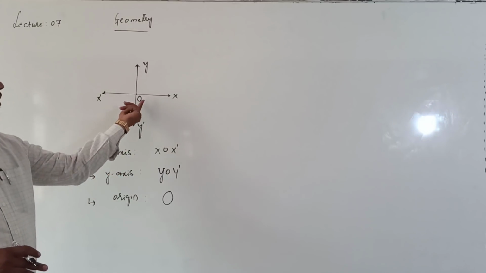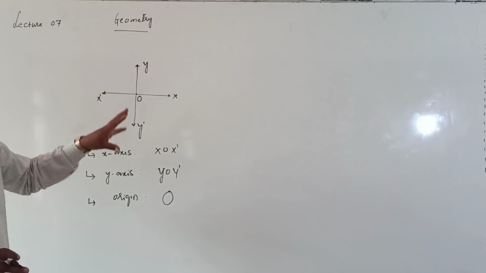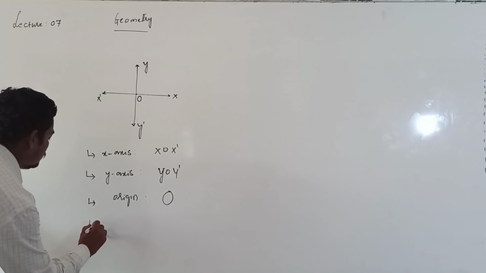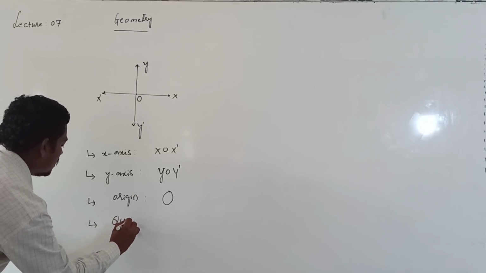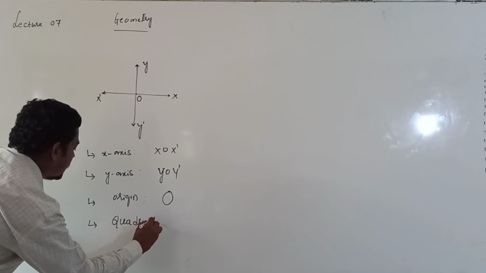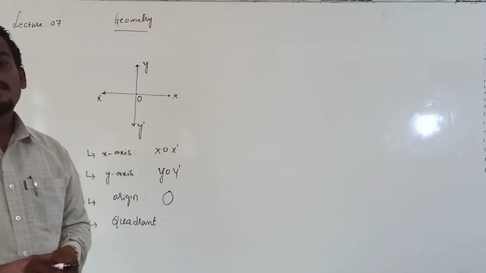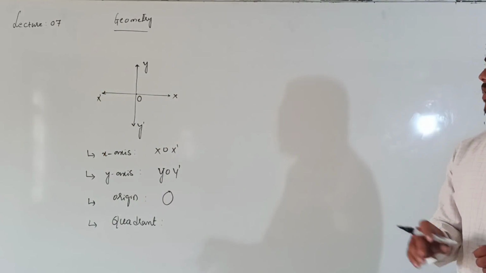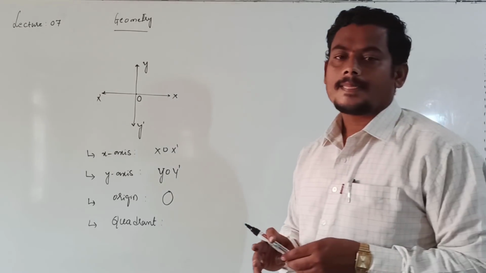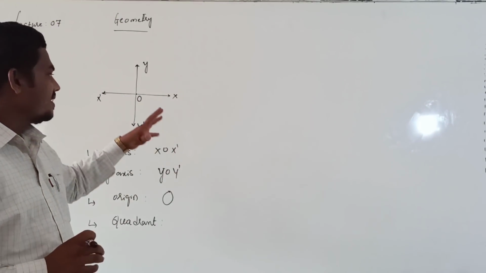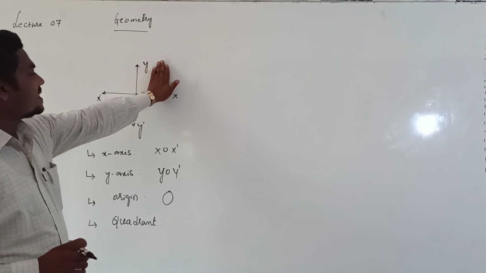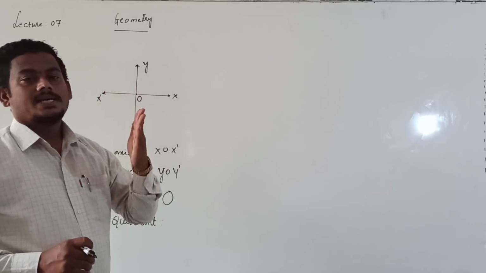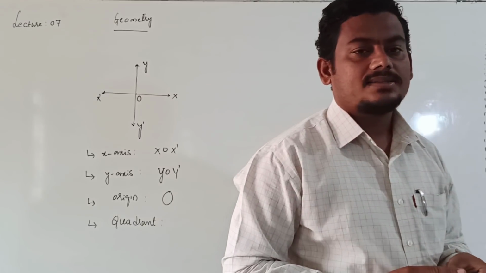Or else, before knowing coordinates of origin, what is definition of quadrant? It may be first quadrant or second quadrant, third quadrant and fourth quadrant.